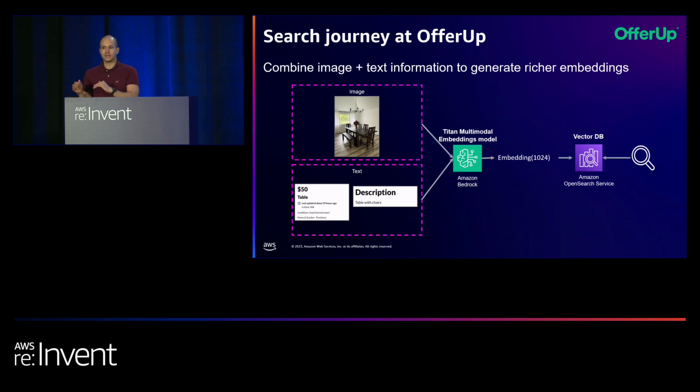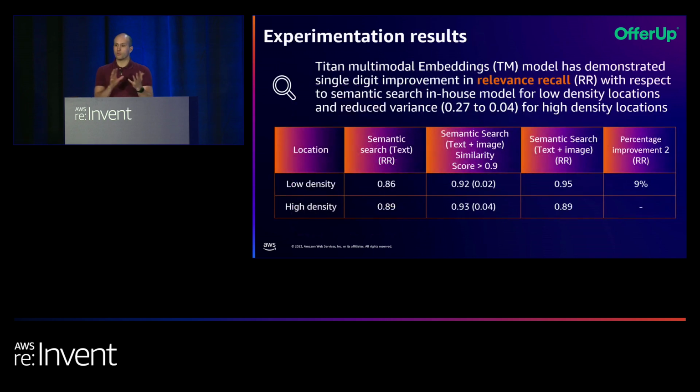And also, from the technical point of view, the partnership with AWS, Amazon, has allowed us to test new technology in a really short amount of time. That would have taken us a couple of months to build. We also tested it in terms of quality, following the same methodology I explained before.